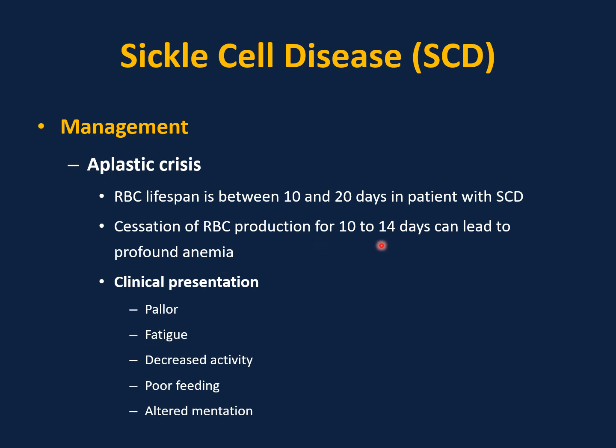This is okay for a normal child or normal person with parvovirus B19 infection, but in sickle cell disease, cessation of production of red blood cells for 10 to 14 days can cause severe or profound anemia. The clinical presentation: pallor, fatigue, decreased activity, poor feeding, and altered mentation.